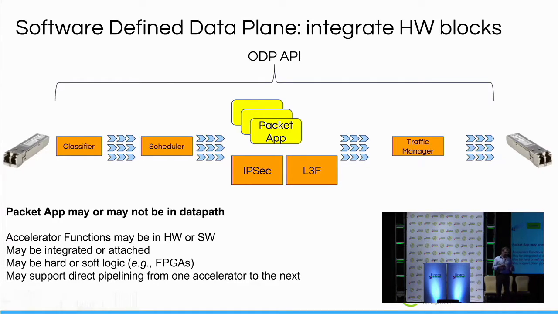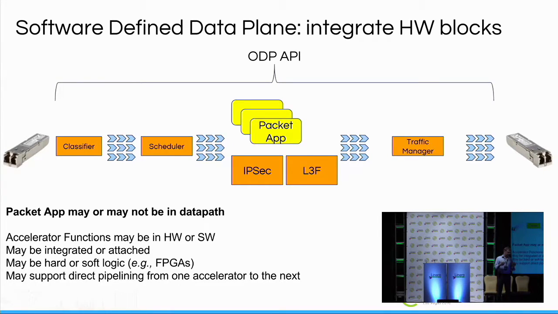So let's assume this is a box at home or an enterprise box. On one side, the packet is received by the optics, goes to IPsec, being decrypted here, goes to the layer 3 forwarding block, and goes inside on the intranet of the enterprise.